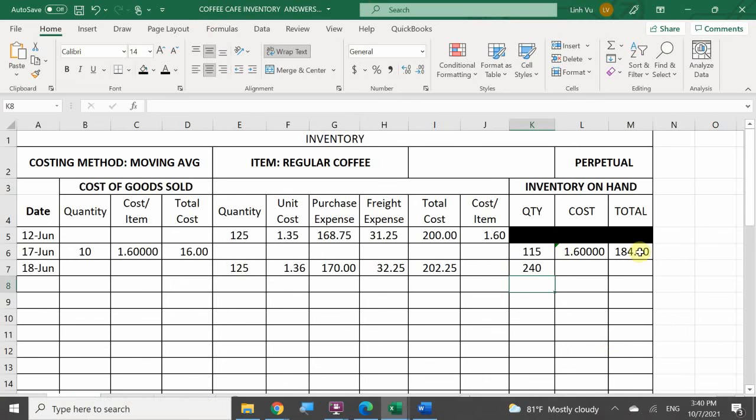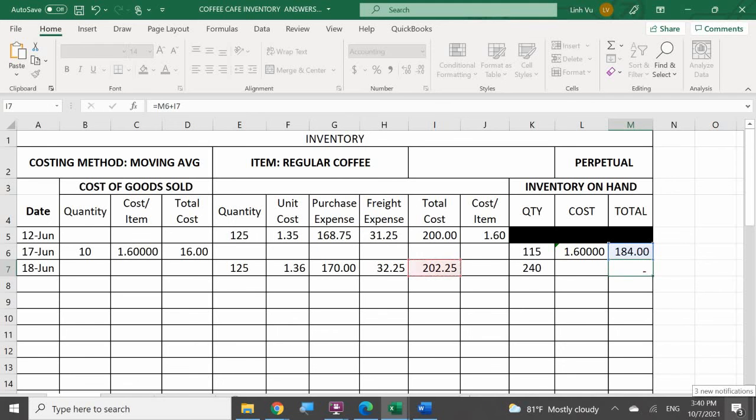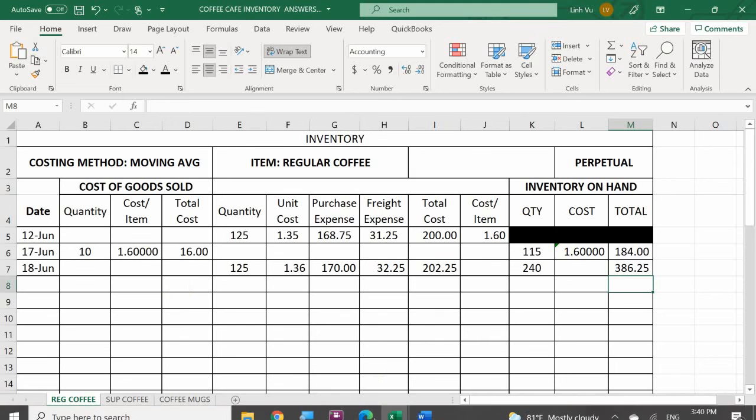Okay. Divide. I also need my total cost. So in this case, I have a total right now of 184 plus 202.25. 386.25. Good. And then where does that match?